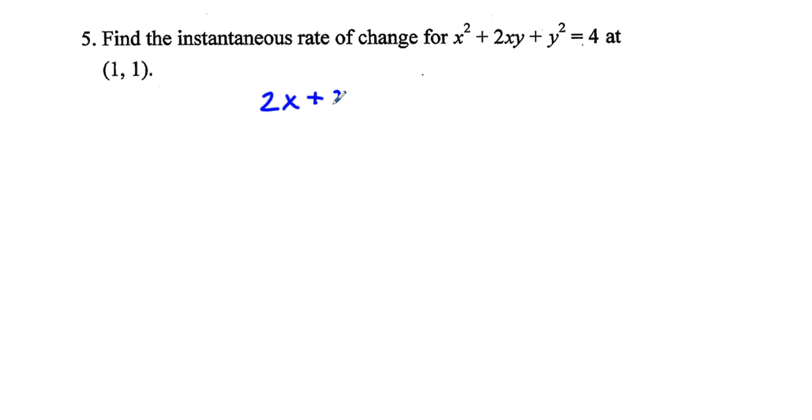So plus 2, and we're going to have x times the derivative of y, which is going to be dy/dx, plus 2y times the derivative of x, which is dx over dx, but we'll just assume that we know that we cancel that, and we'll just leave that alone, plus we have the derivative of y squared, which is 2y dy/dx.